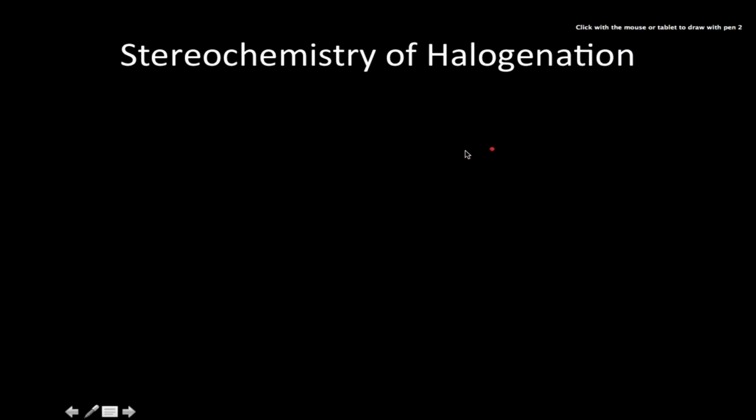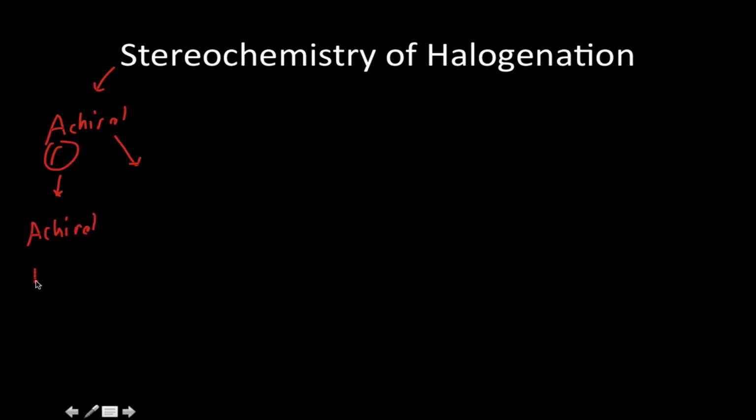Stereochemistry, let's talk about the stereochemical effects of this. If we have an achiral reagent, I'm just going to say R, there are two things that can happen. We can have an achiral product, which makes sense, or we can have a racemic mixture.